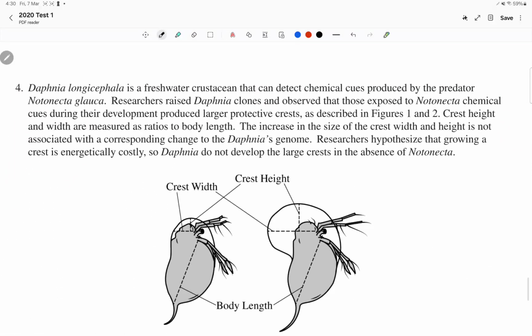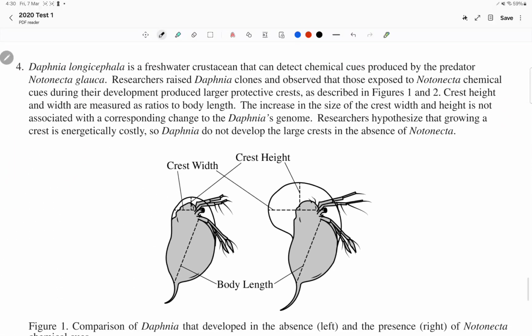Okay. Question 4. We have an organism called Daphnia. It's a freshwater crustacean that can detect chemical cues produced by the predator Notonecta glauca. Researchers raised the Daphnia clones and observed that those exposed to Notonecta chemical cues during development produced larger protective crests.